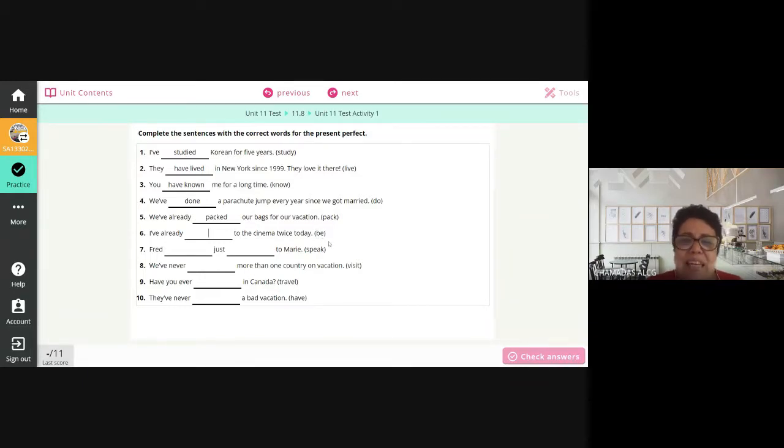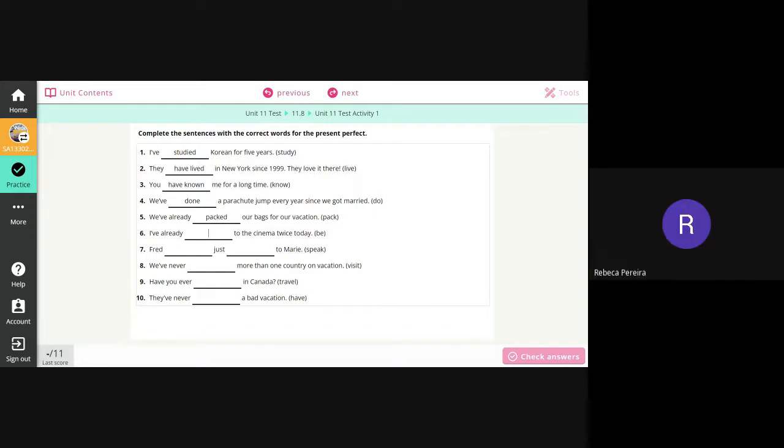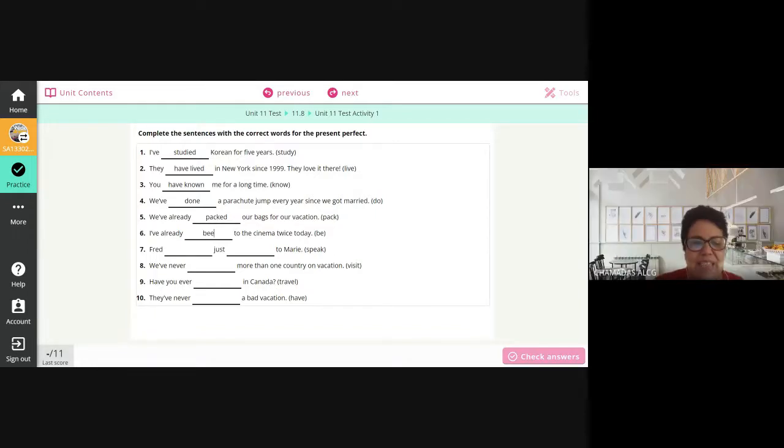The verb to be is irregular. So what is the past participle of the verb to be? Who knows? What is the past participle of the verb to be? Been. Uh-huh. Yes. Excellent. Been. Okay. So I've already been to the cinema twice today.